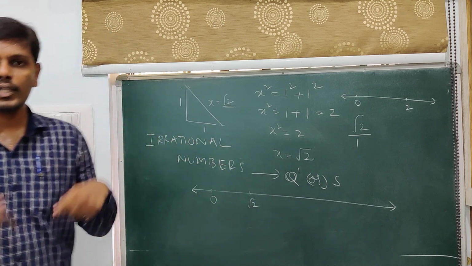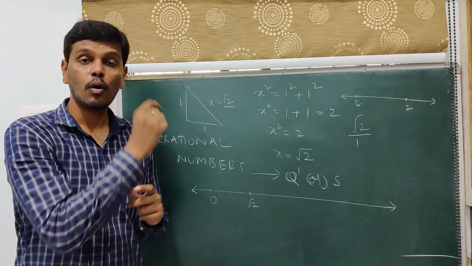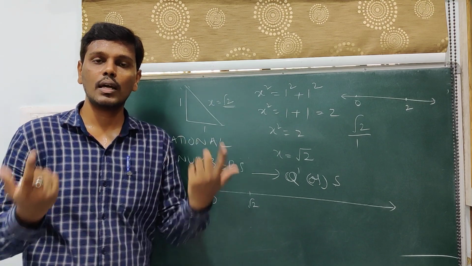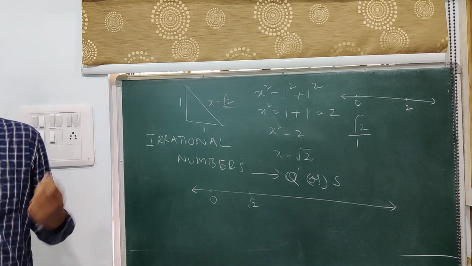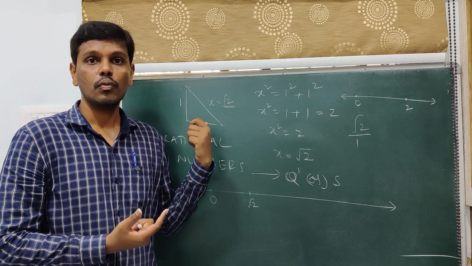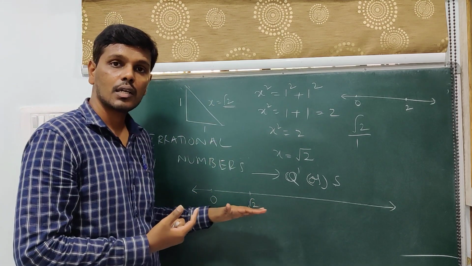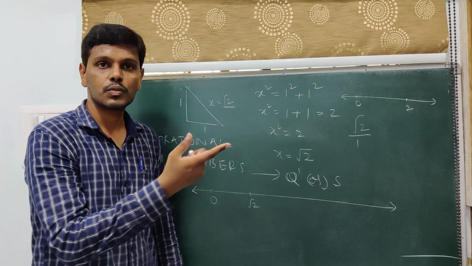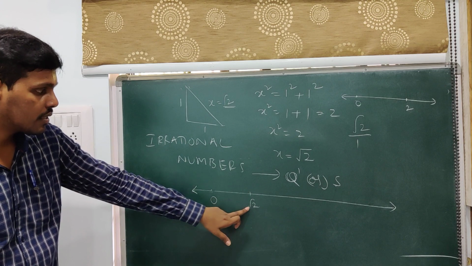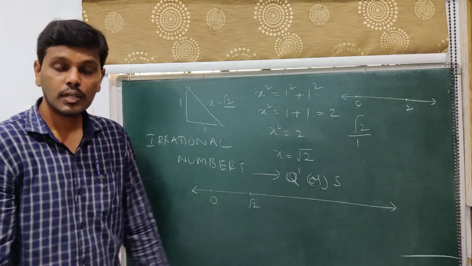That means we need a new collection of numbers to assign to those points on the number line. However, by a true argument we can conclude that there exist some points to which rational numbers cannot be assigned, and one such point is this.